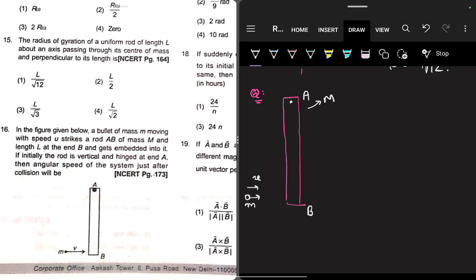It gets embedded into it. That means it sticks to the rod, right? This bullet. Yes or no? So now the new mass of this rod would be M plus small m. If initially the rod is vertical and hinged at point A, then the angular speed of the system just after the collision will be what? That's the question.